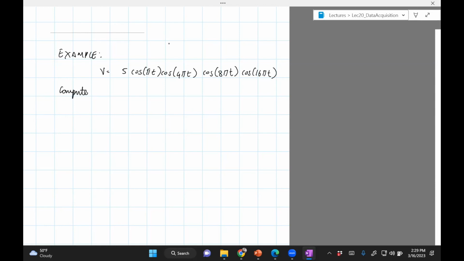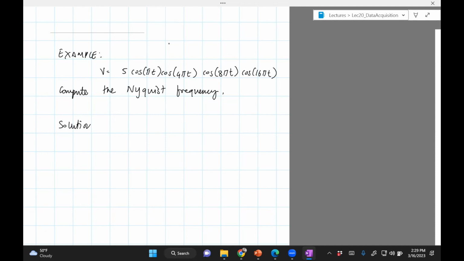Compute the Nyquist frequency. Okay, remember that Nyquist frequency is the minimum frequency at which you need to sample the system so you can reproduce the frequency component of the signal.